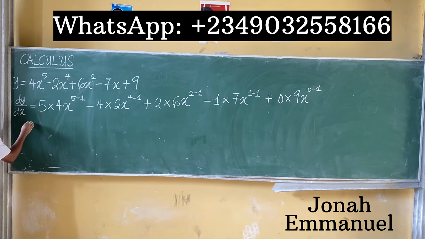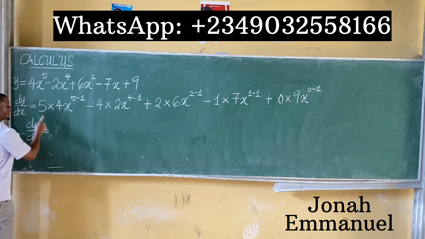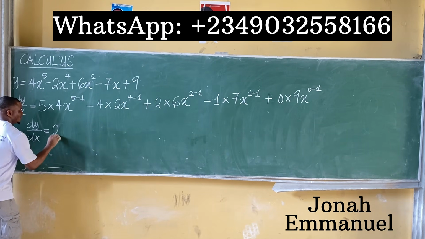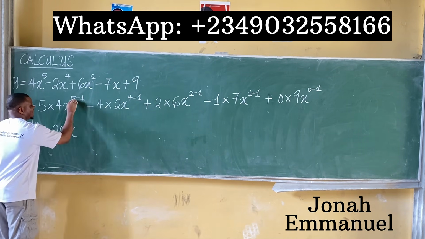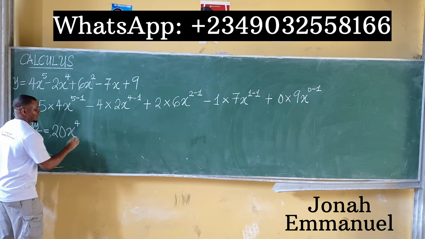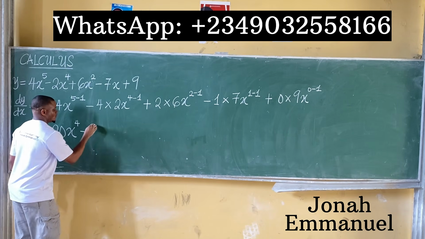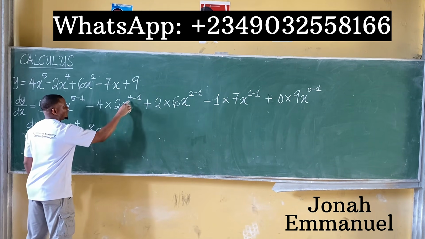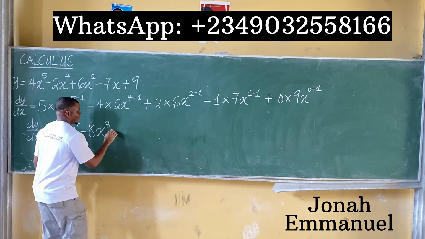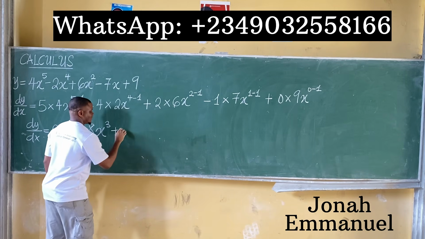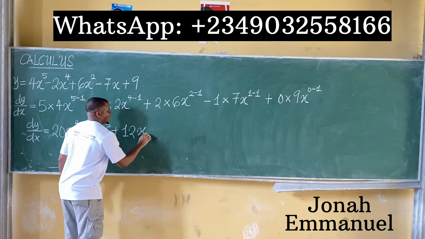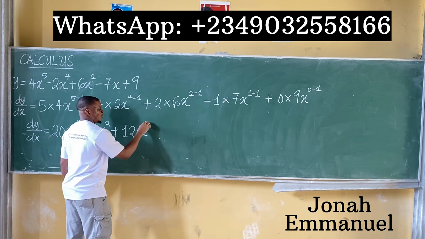From this, we'll have that dy/dx is equal to, please help me out, 5 times 4, what do you have there? 20. x to the power 5 minus 1, 4. Minus 4 times 2, 8. x to the power 4 minus 1, 3. Plus 2 times 6, 12, x to the power 2 minus 1, 1.